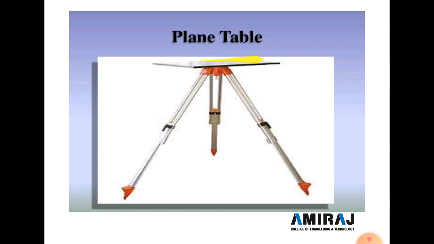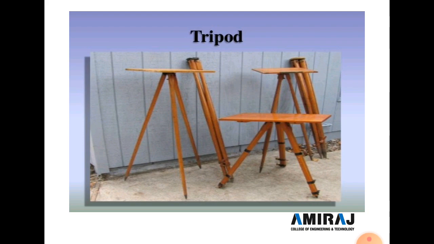So how is the plane table leveled? By using the three foot screws. When we move the foot screws clockwise or anti-clockwise, we level the tripod stand, and we check with the bubble tube. See this figure, in which you can see the wooden tripod stand.